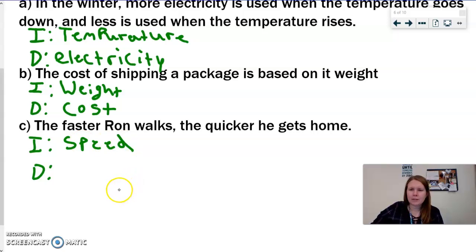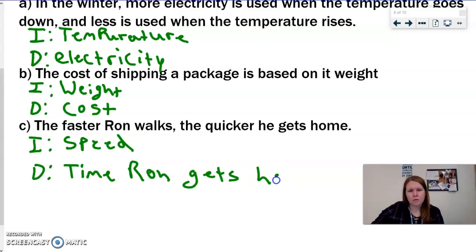How fast is Ron walking? And that's going to help determine how quick he gets home. So how fast can he get home? Well, that depends on how fast he walks. So that's why it's my dependent, because it depends on the independent.